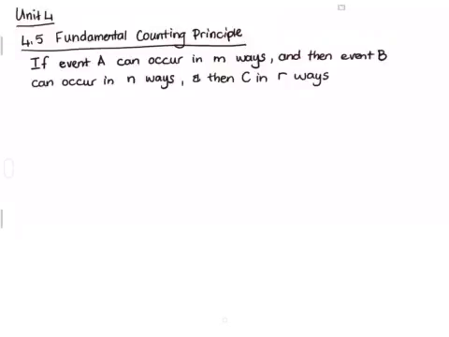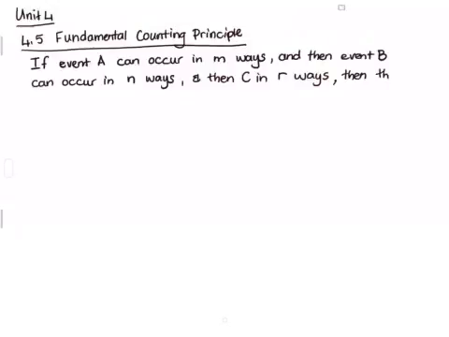So basically what I'm showing you here is if I have 5 blue discs, then drawing a blue can happen in 5 ways. If I had 2 red discs, then drawing a red can happen in 2 ways. If I have 3 green, then drawing a green can happen in 3 ways.